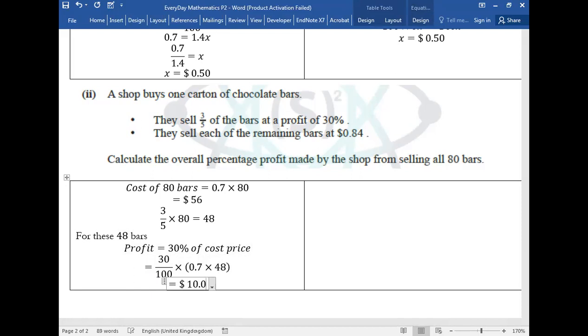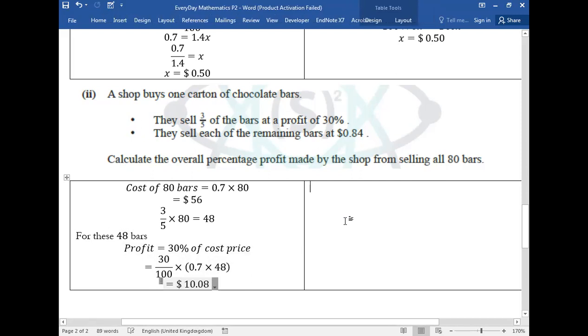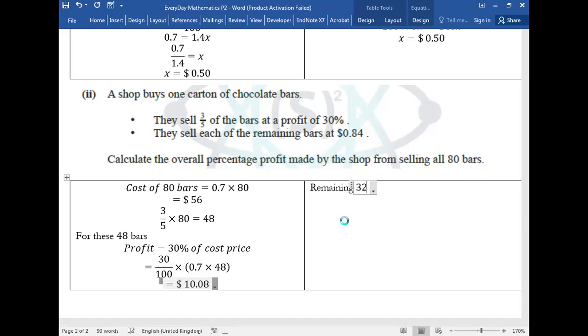Remember, this is a profit only, $10.08. Remaining, how many bars remain? 80 minus 48. Right?